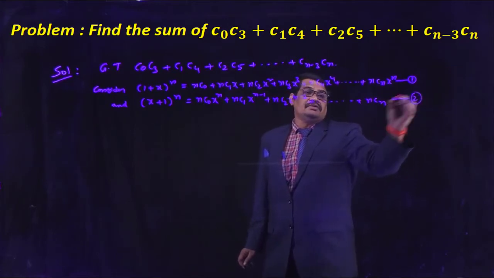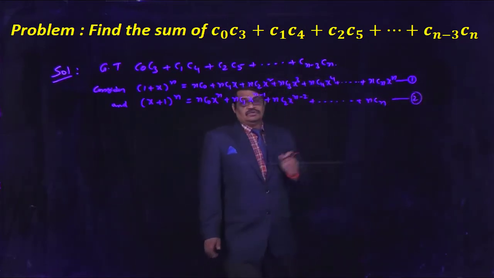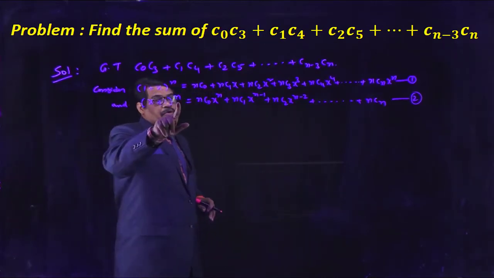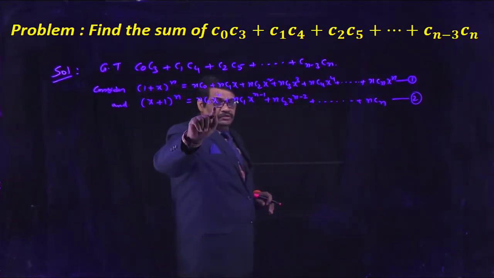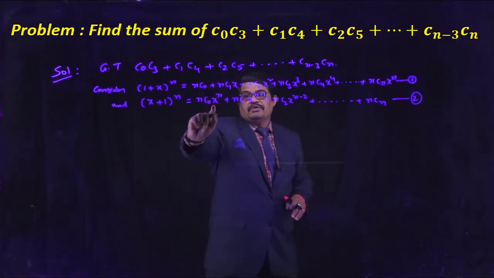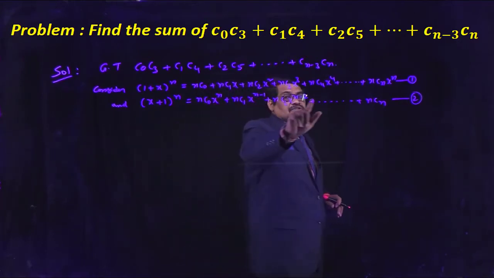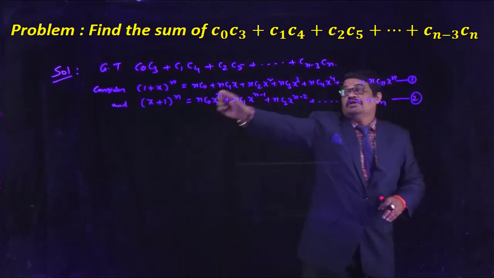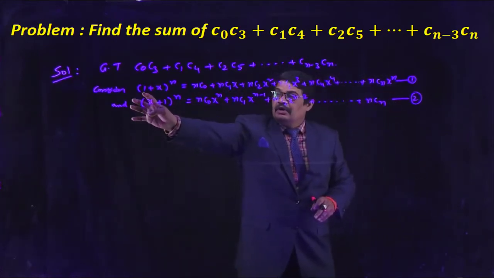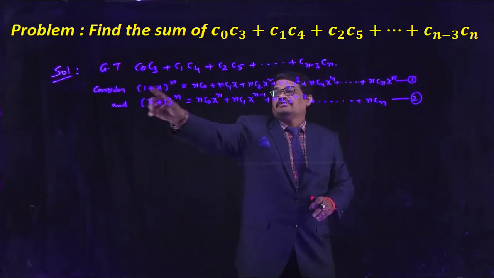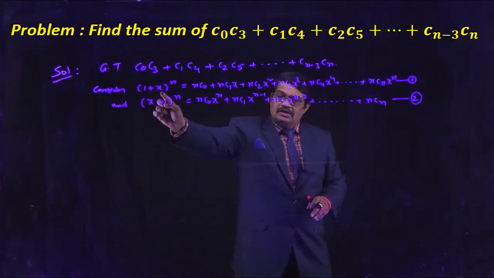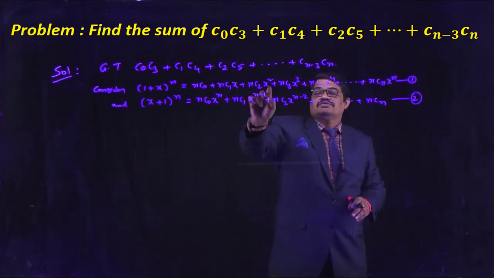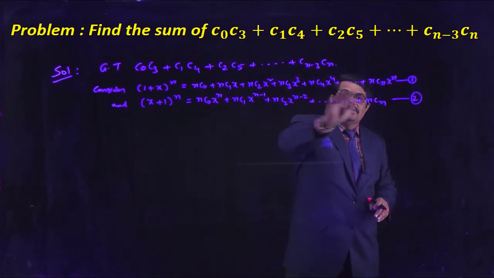That is equation 2. This is the expansion of (x plus 1) whole to the power of n, so the powers of x are decreasing: x power n minus 1, x power n minus 2 and so on, so the last term has x power 0. In the first expression, (1 plus x) whole to the power of n, the first term is 1 and the second term is x: nC0 plus nC1 x, nC2 x square, nC3 x cube and so on.